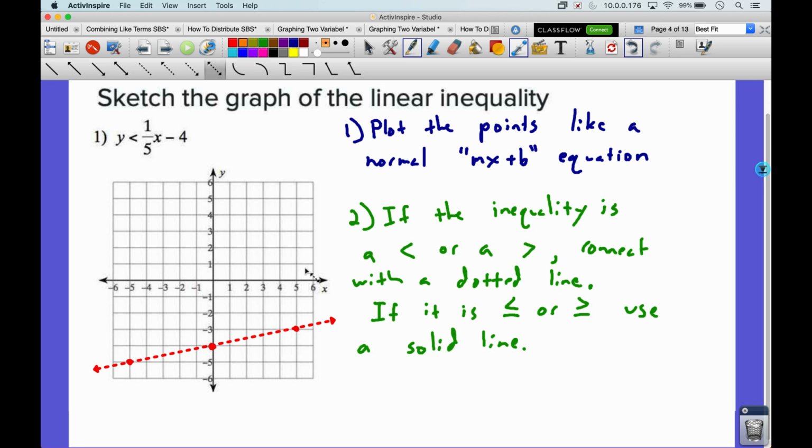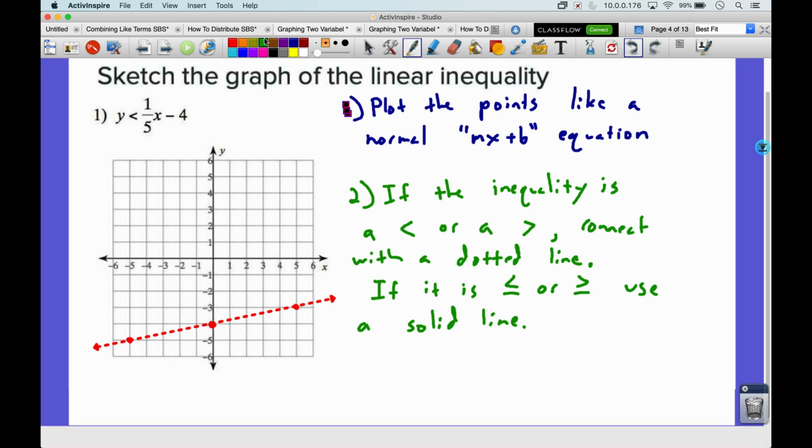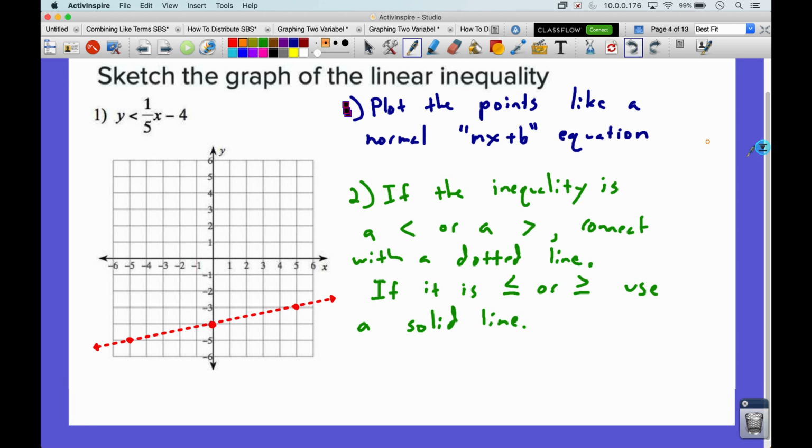Alright, step 3. If the symbol is a less than or equal to, shade below.